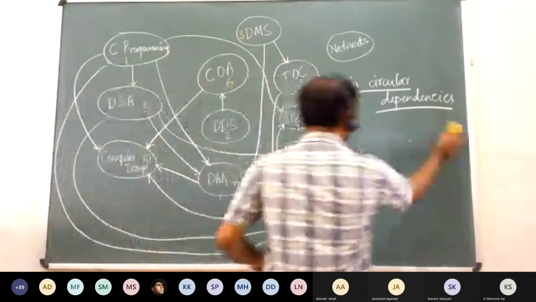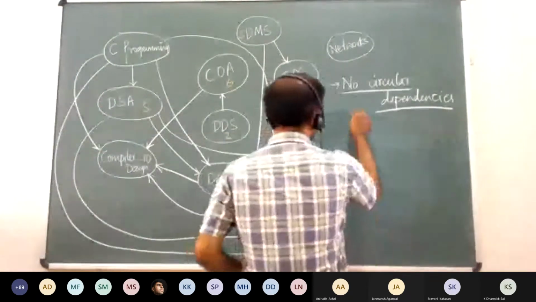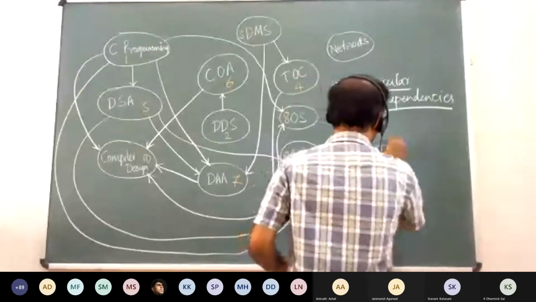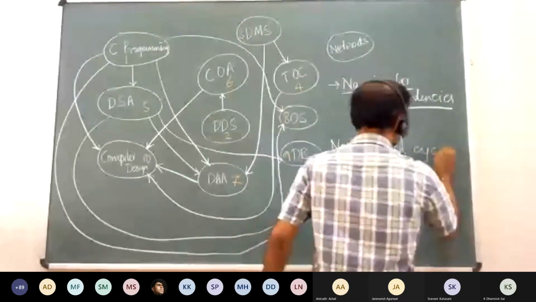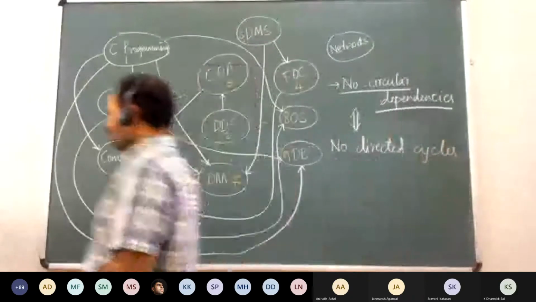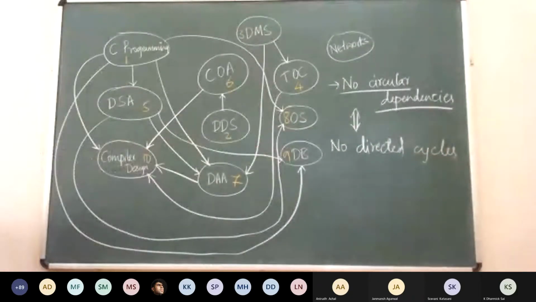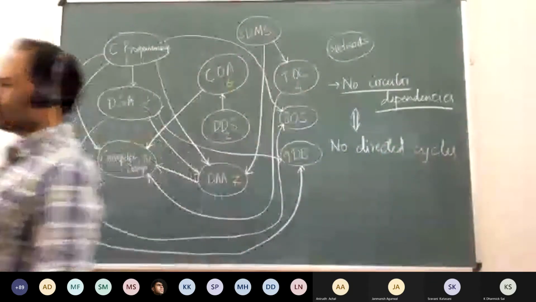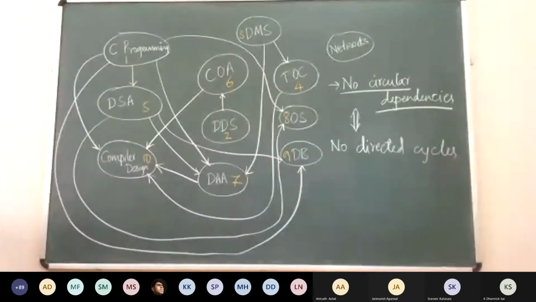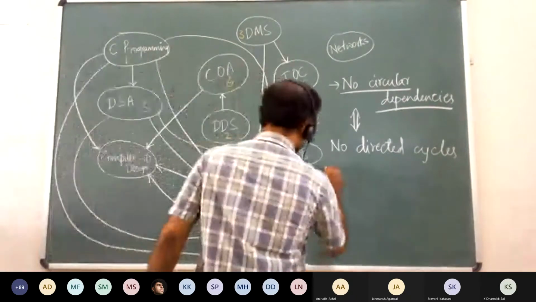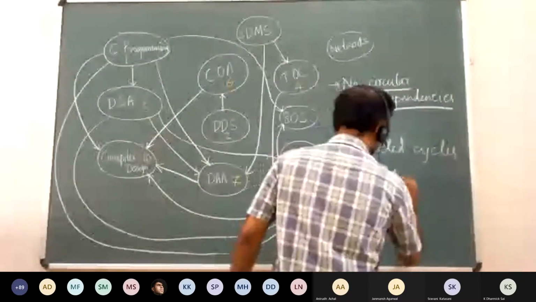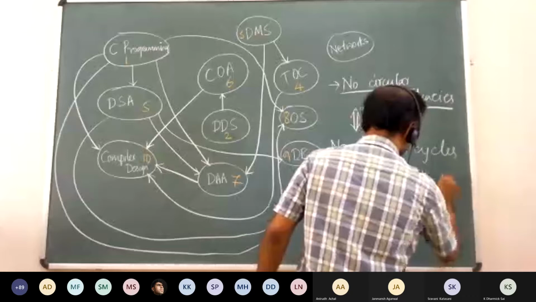So this is equivalent to no directed cycles. The graph should not have any directed cycles, so the graph is acyclic. It is directed and acyclic. These graphs are called directed acyclic graphs.